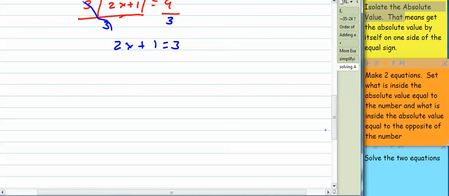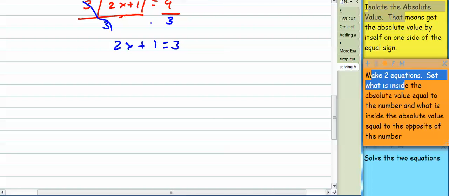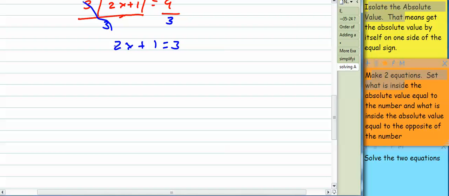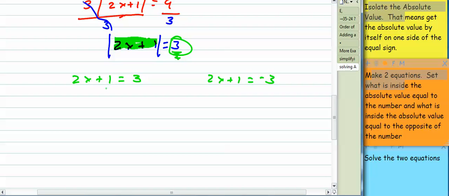Now we go to step 2. Make two equations. Oh, I lost my absolute value. We take what's inside the absolute value, 2x plus 1, and we write it down twice. We set it equal to this number, and we set it equal to the opposite of it. And then we solve.